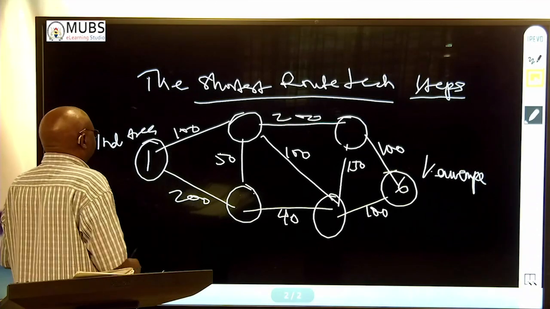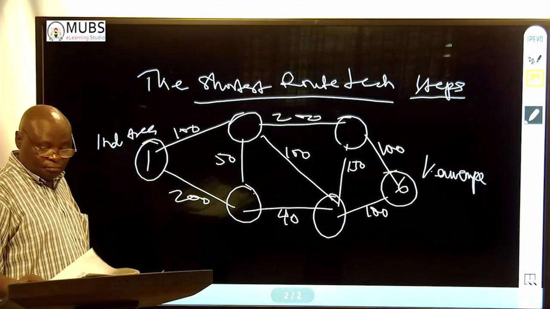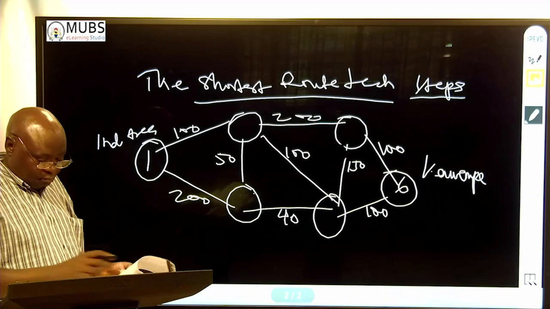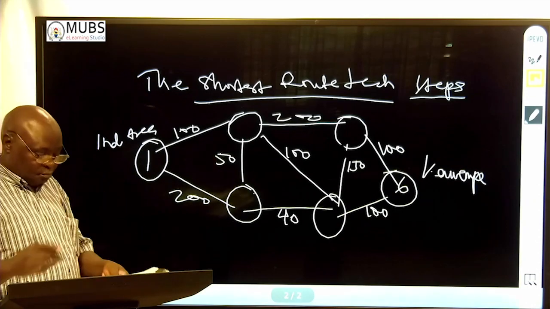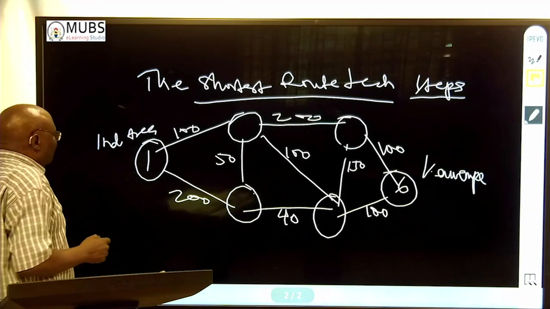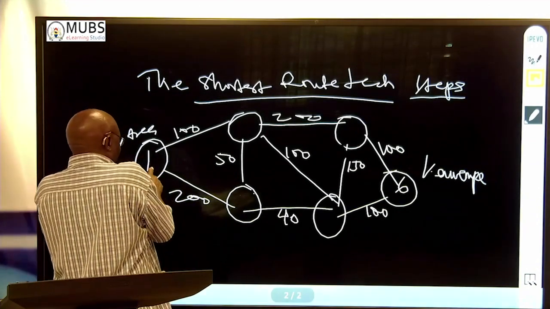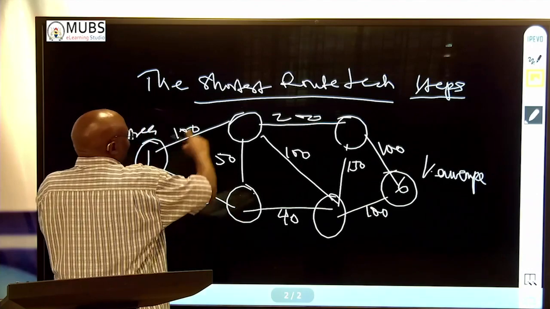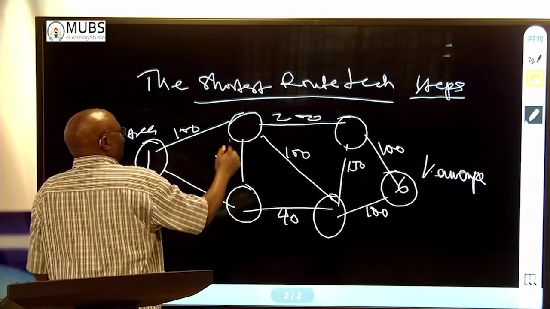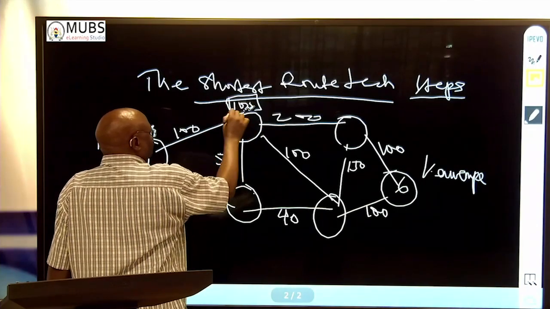Now, as you can see from here, if you are moving from one, you can either take this direction or the other direction. Now, the shortest route here is 100. So we move up to here and we box it as 100.